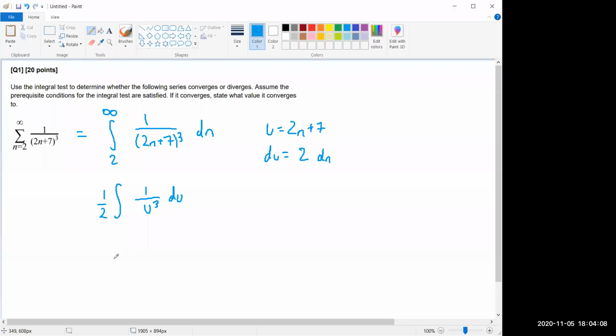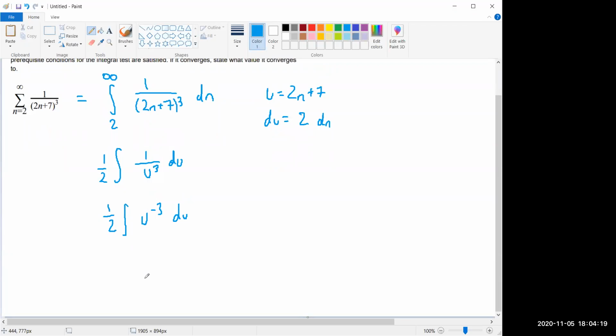And then you can rewrite this as u to the negative third power du. So then when you integrate, you get u to the negative 2 over negative 2. And then now we can put what u was back in. So this is (2n plus 7) to the negative 2 over negative 2.